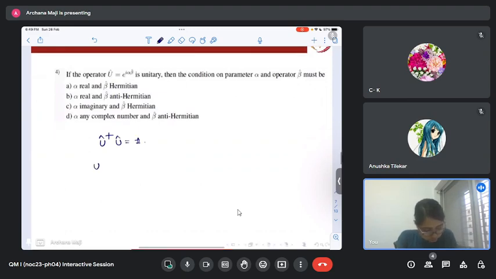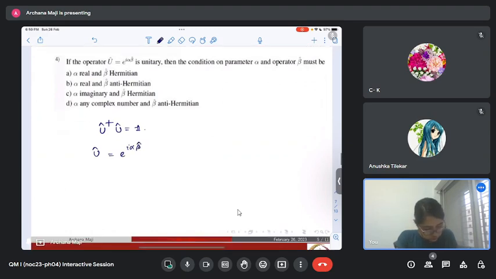So U here is exponential I alpha beta. So when we do U dagger, it will make it exponential minus I alpha star. Beta cap is operator, so beta dagger. So U cap dagger U cap will be exponential minus I alpha star beta dagger plus I alpha beta.